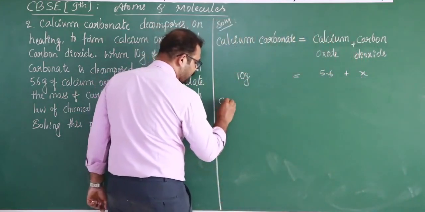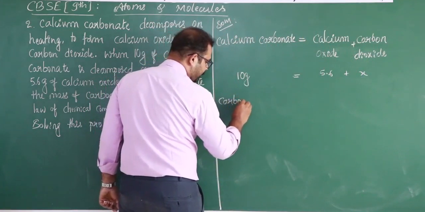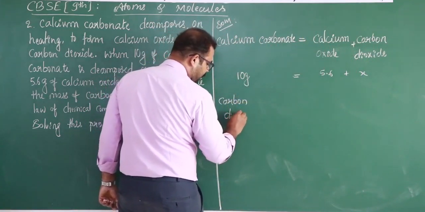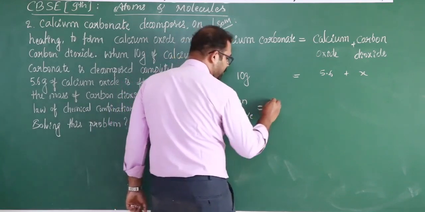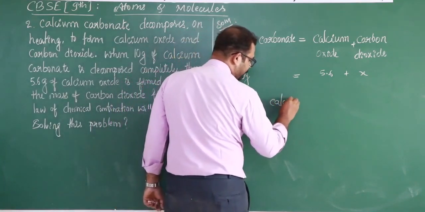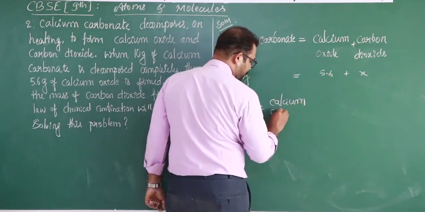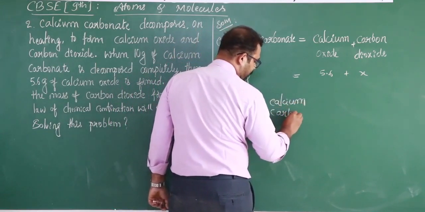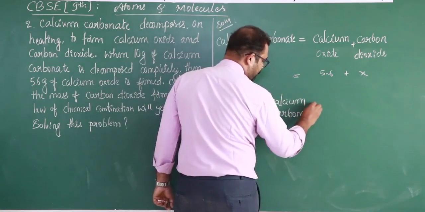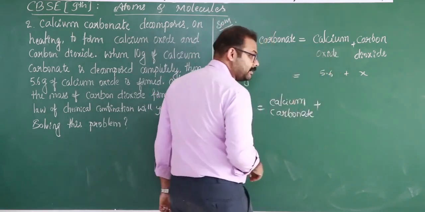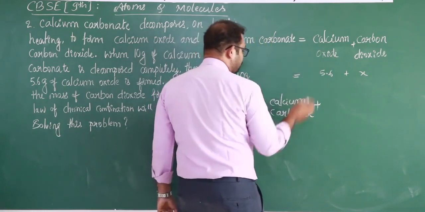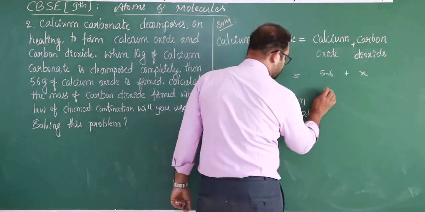So let's say carbon dioxide, okay, then calcium carbonate plus, so if this value goes to the left side, then it will become minus.